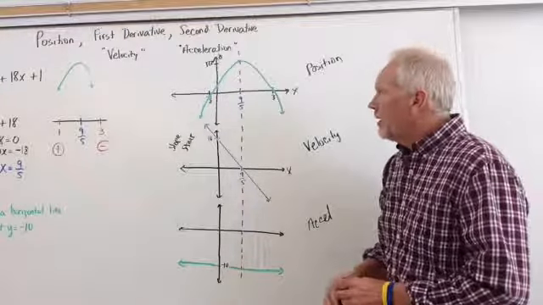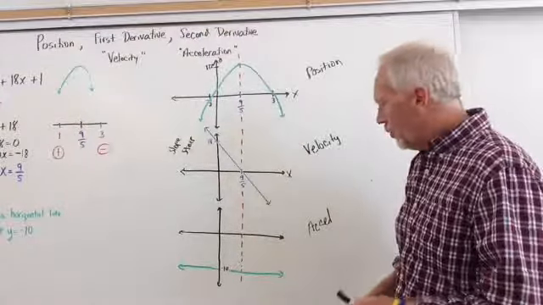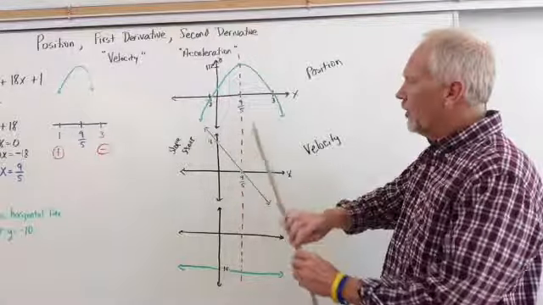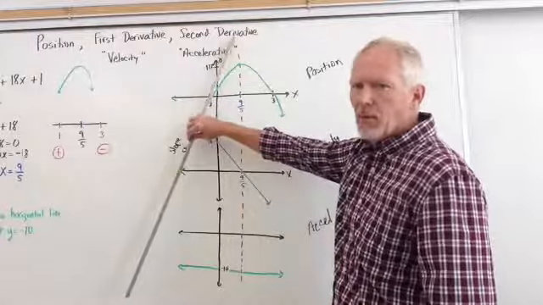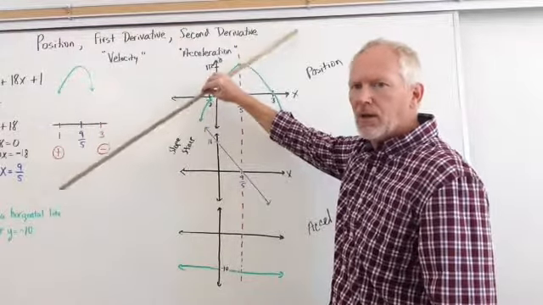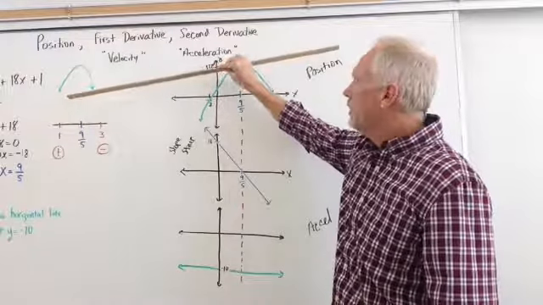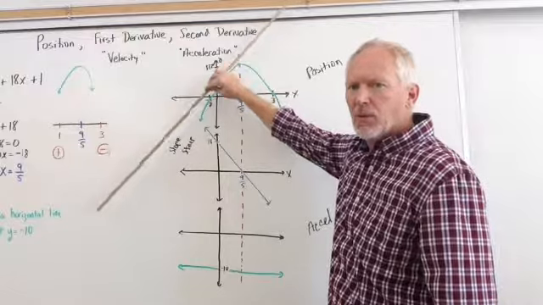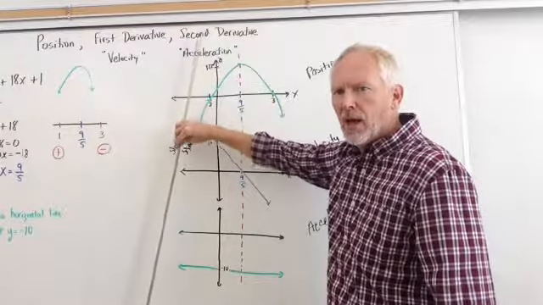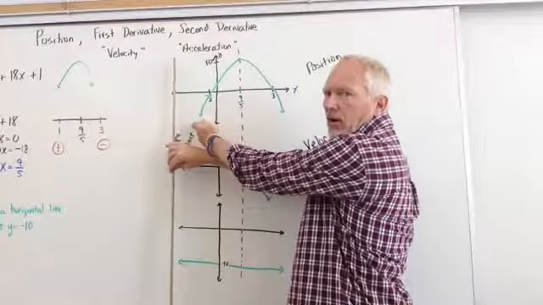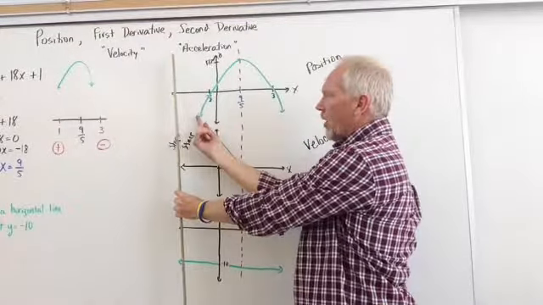Now, again, let's see how they relate. In the first situation we have our position graph. What do we notice about the slope all the way up until we get to the critical point? The slope is getting less and less steep, and more and more steep as we go down. This is relevant to the velocity graph.